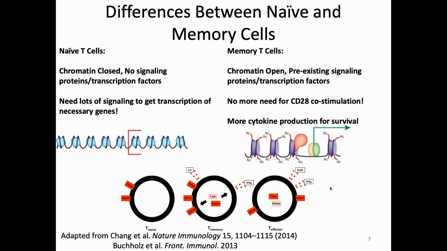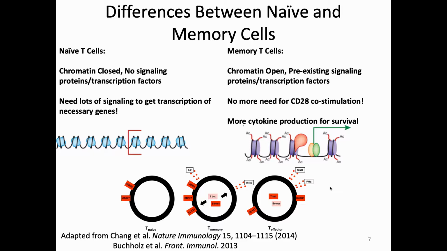One other big difference between these cells is depicted on this slide. There are some pretty big differences between the naive cells and the memory cells in terms of the chromatin in the cells, and how tightly the DNA in those cells is wrapped around the histone proteins.